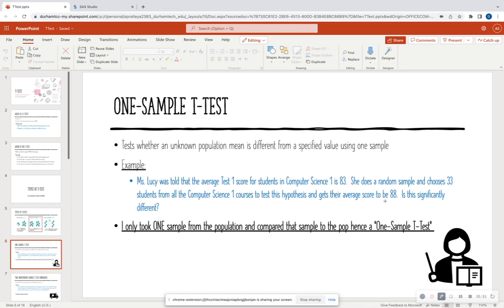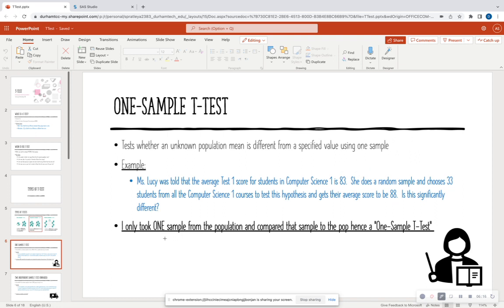Is this significantly different? So, the population in question would be all the students who take computer science 1, okay? And she wants to compare whether her sample of 33 students' average, which is 88, is different than all of the students' average, which is 83.